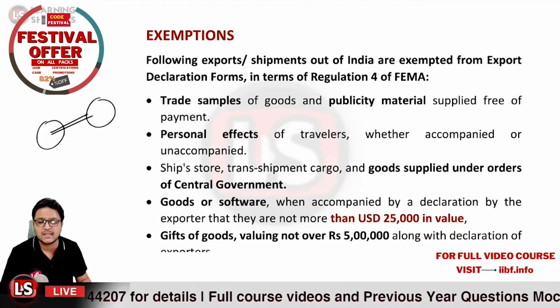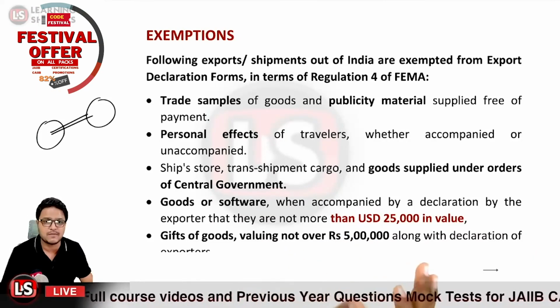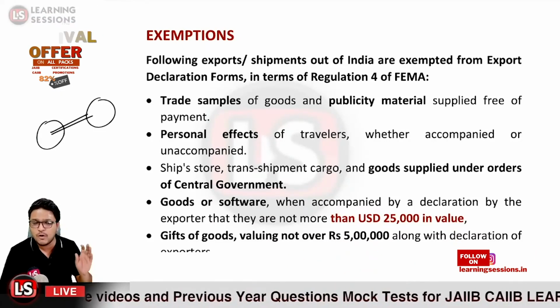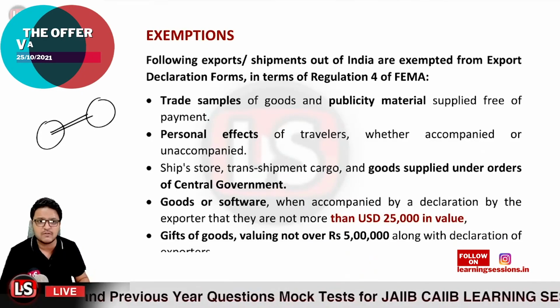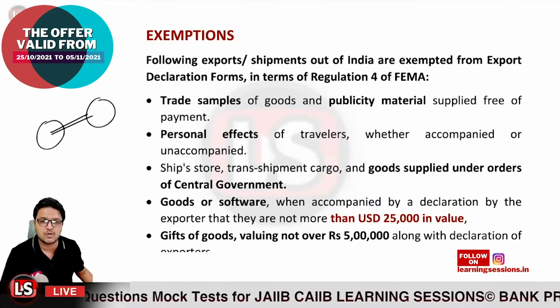You have to declare that the value of the goods is only and only up to 25,000 USD. And also, if it is in the form of goods and the value of the goods is not more than rupees 5 lakh, in that case also the forms are not to be followed.